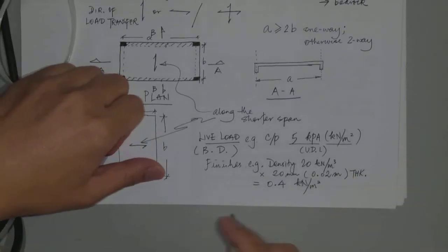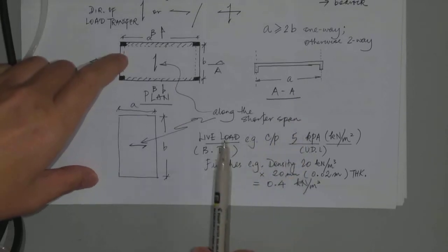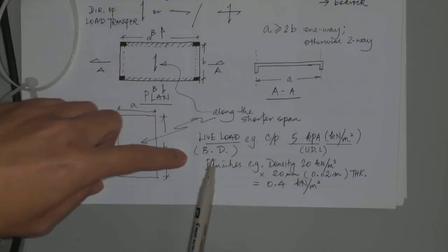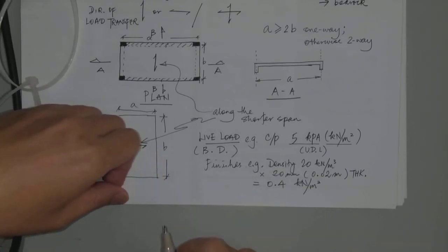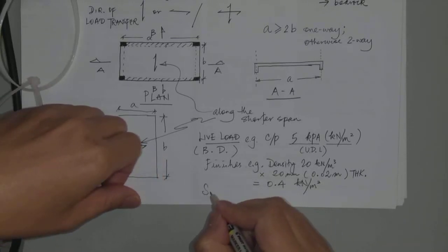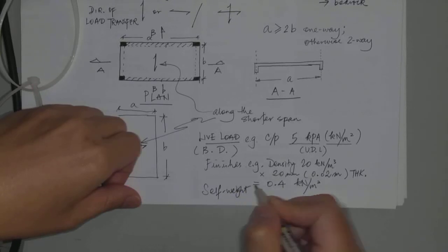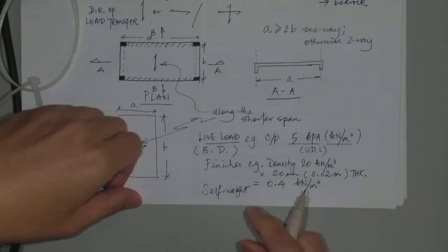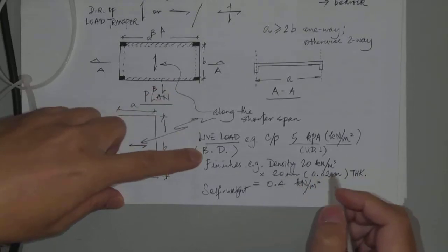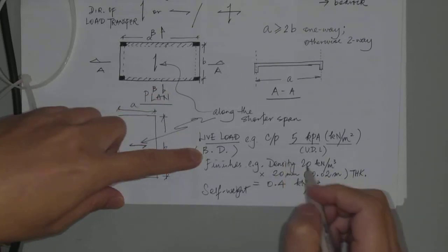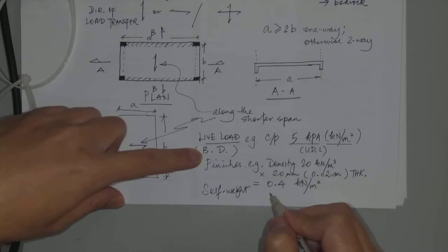And then finally, what are the vertical loads on the slab? Live load, finishes and probably self-weight. So how to calculate the self-weight? Let's say that it's an RC slab. So the density of concrete, we mentioned it last week, that's 25 kilonewton per meter cube.